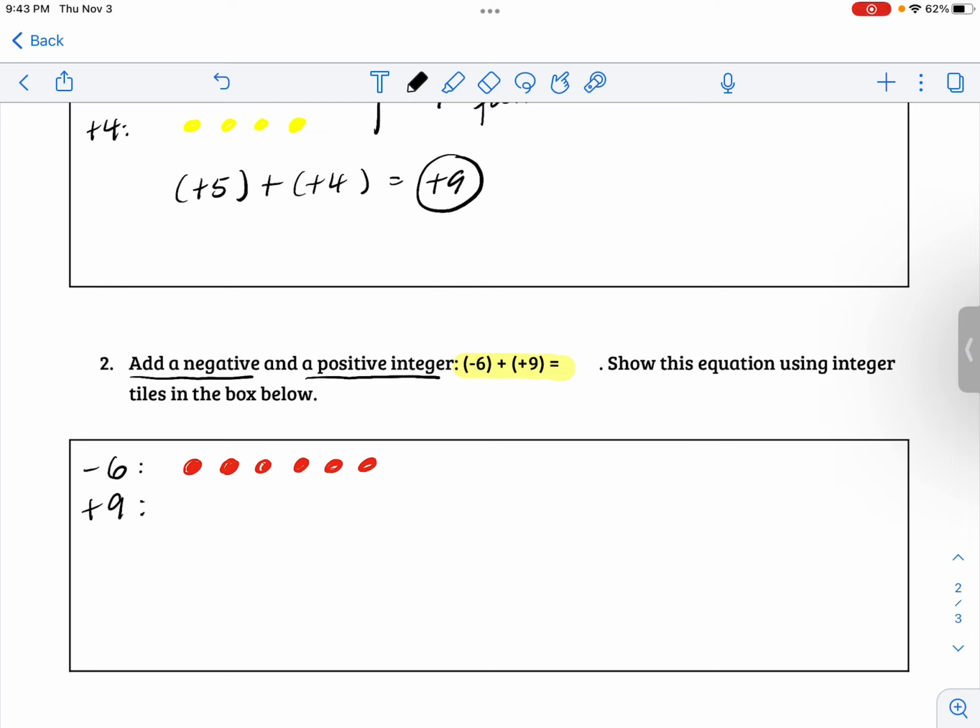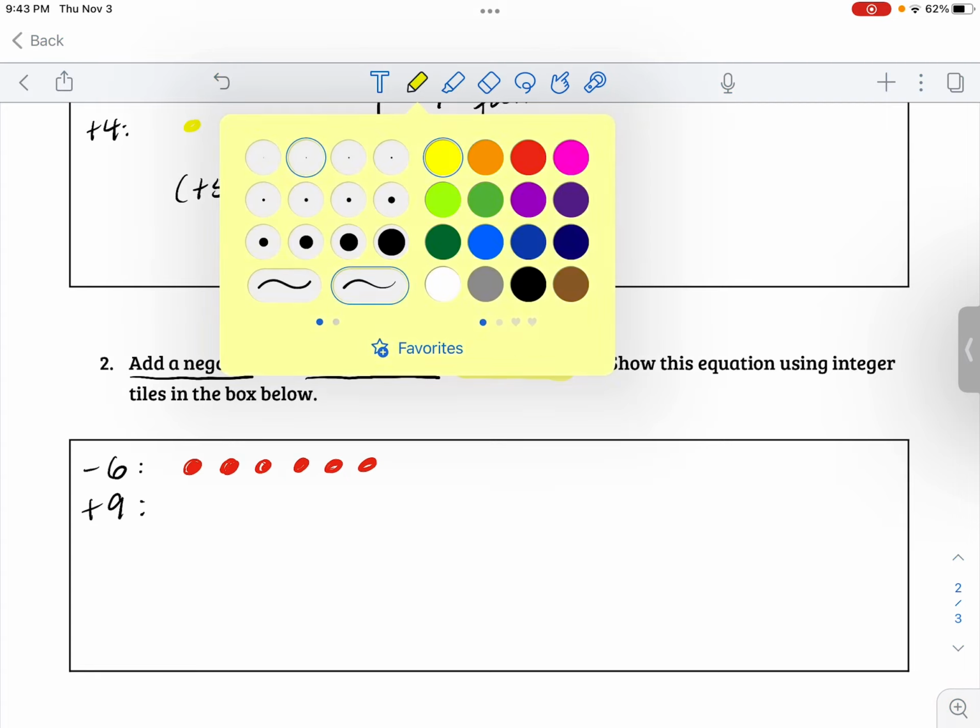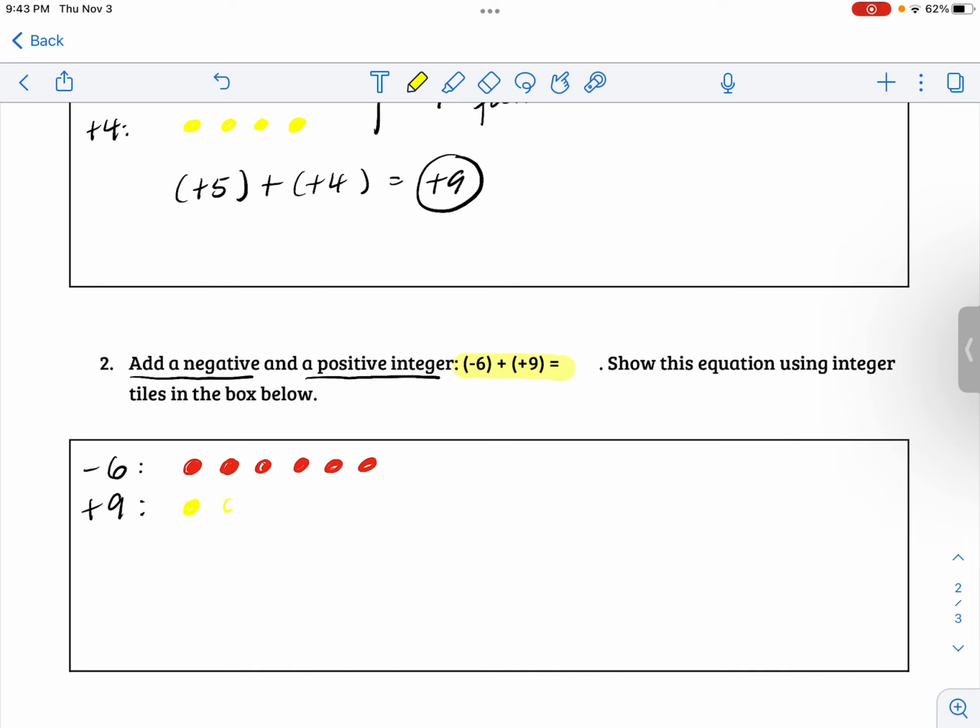It's really important to line up your integer tiles vertically so that you can see the zero pairs easily. So look at what I'm going to do here. So I'm going to do positive 9, 2, 3, 4, 5, 6, 7, 8, 9.